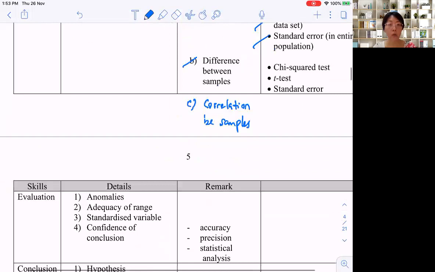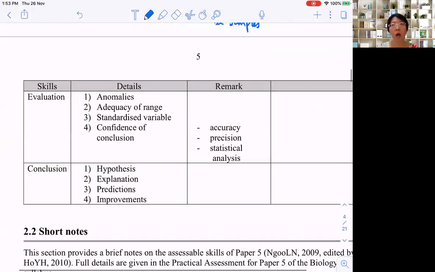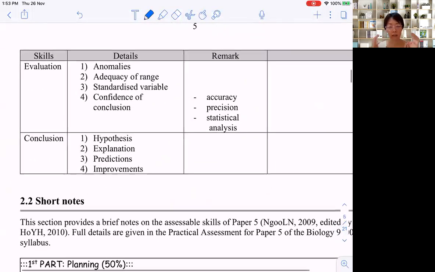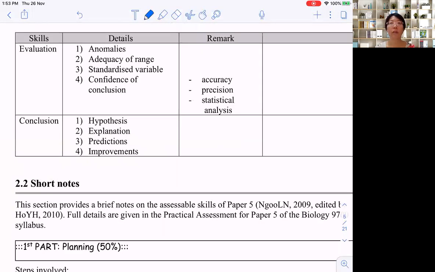Then we also look at the evaluation of your entire data as well as your experiment, okay? So you want to look at the anomalies of the data, the adequacy of the range of your experiment, and your standardized variables, whether well standardized or not.